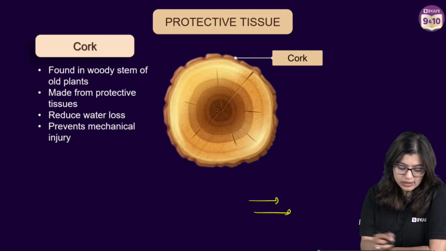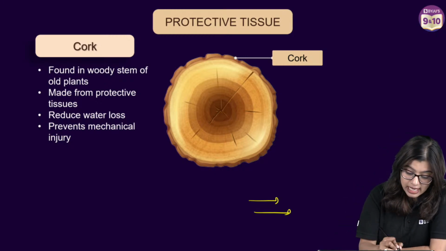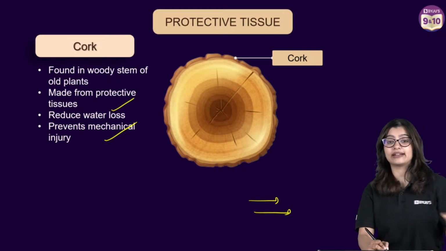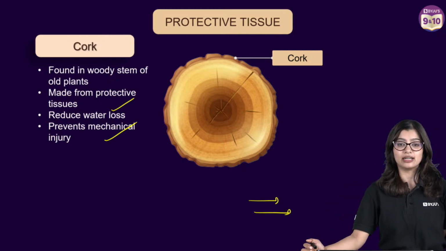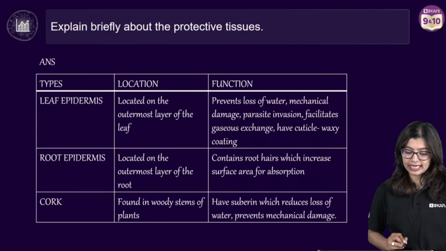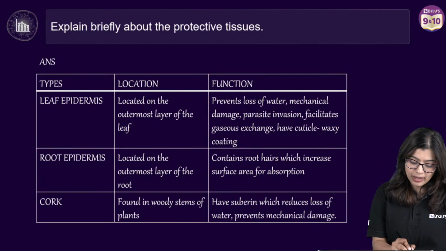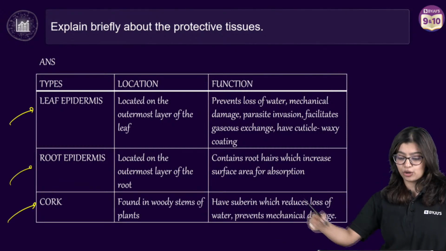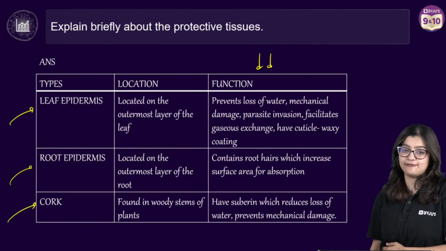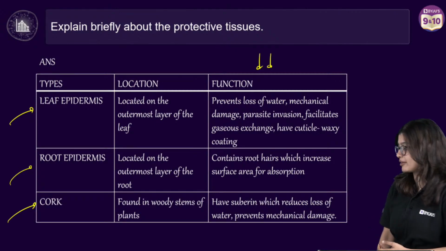These cork cells are dead cells, and their main function is to protect from mechanical injury. Here you can make a table based on leaf epidermis, root epidermis and cork, and what their functions are.